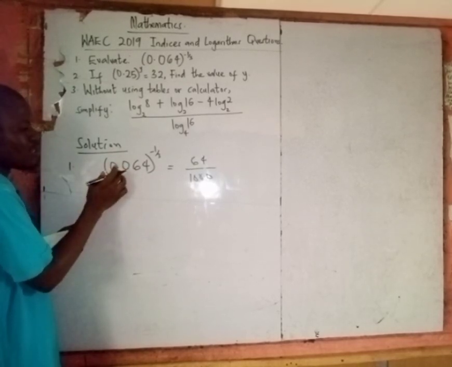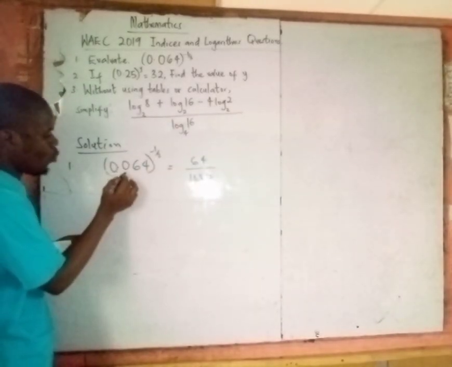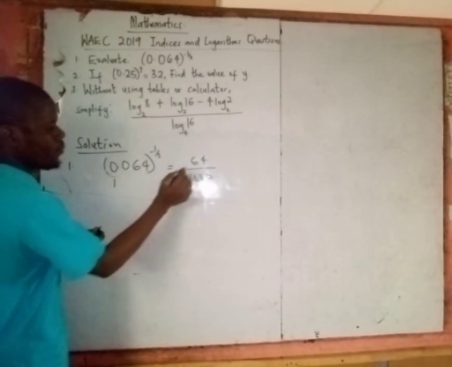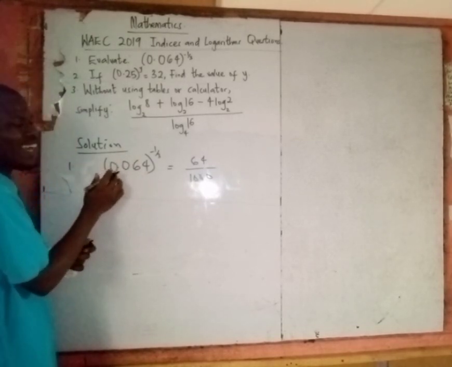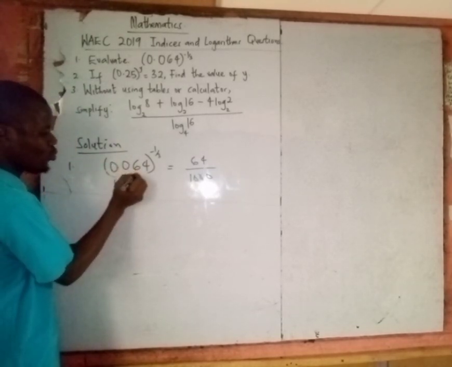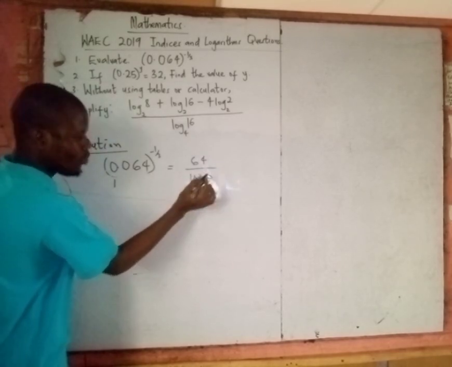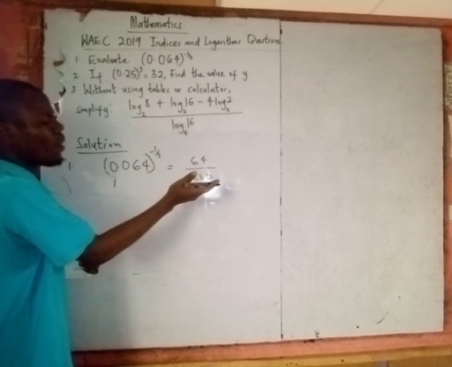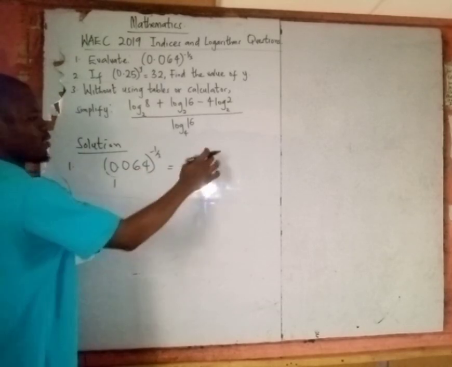Then after the decimal point, we count the numbers: 1, 2, 3. We represent them as zeros: first 0, second 0, third 0. So here we have 64 over 1000.